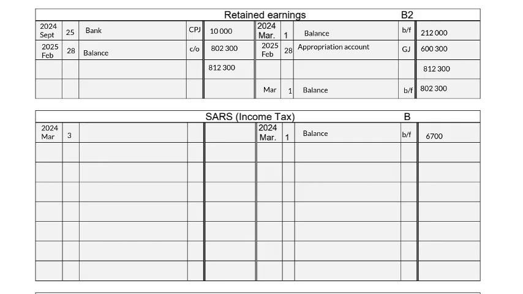We are going to write bank because we're making a payment. That's going to go to our cash payments journal. And we're paying the 6,700 Rand.